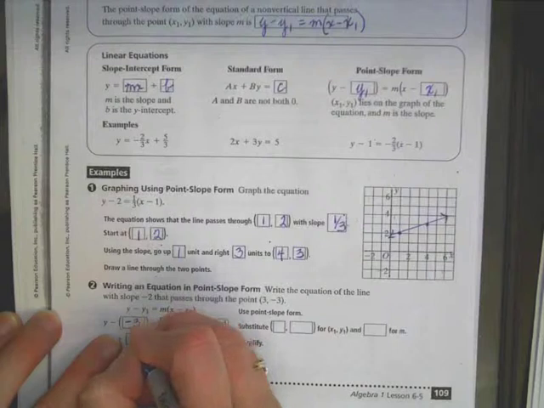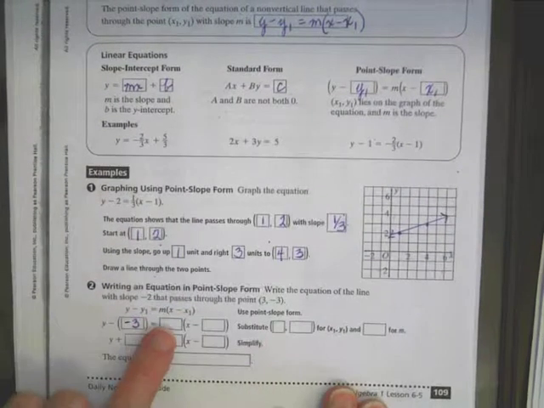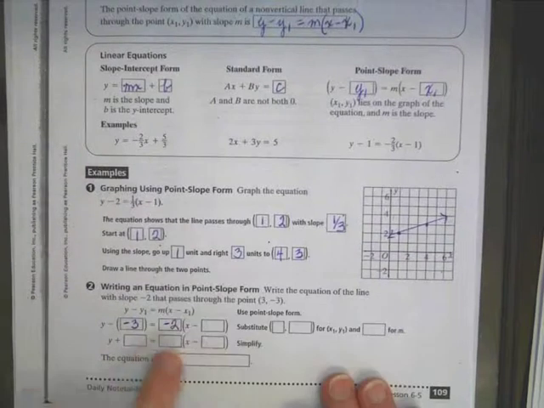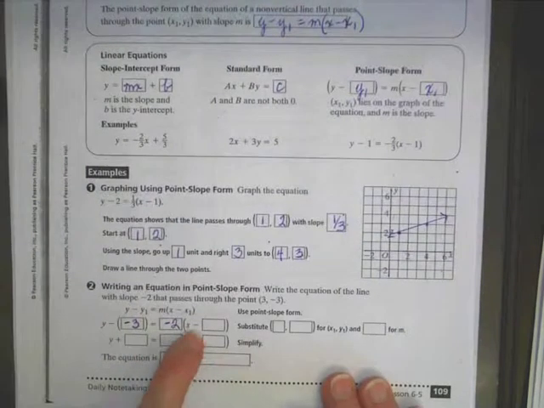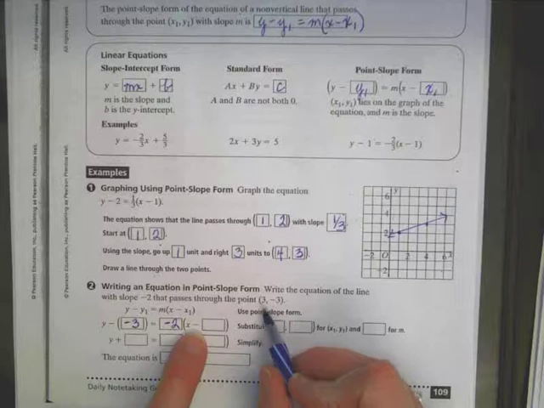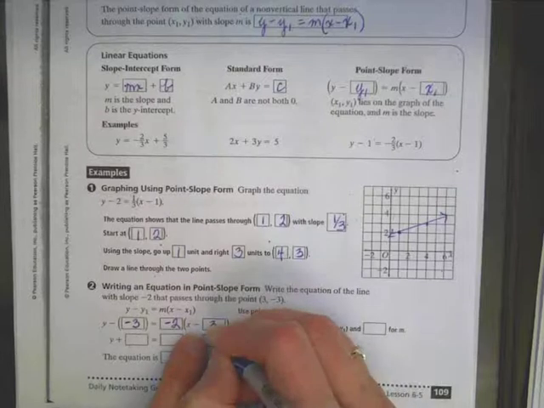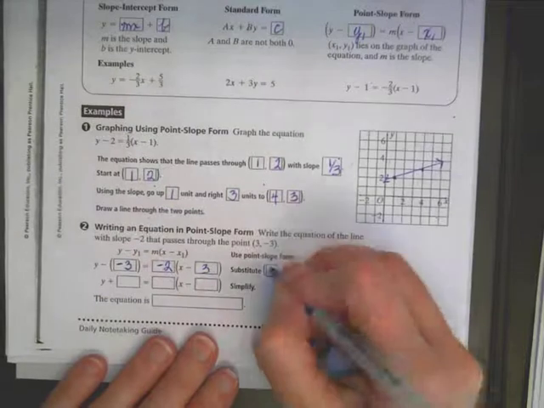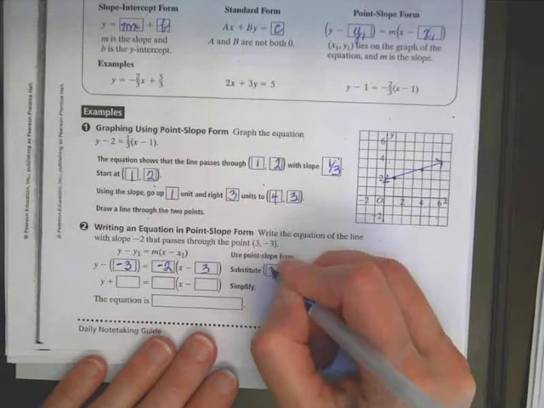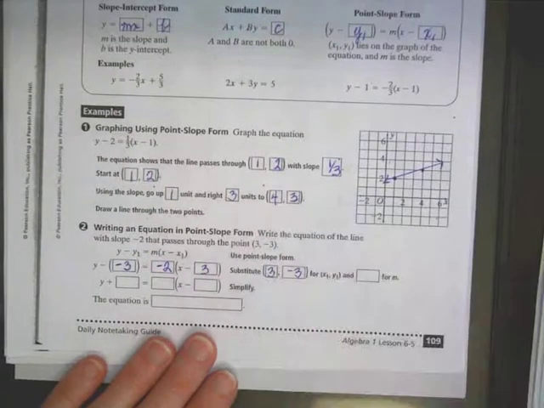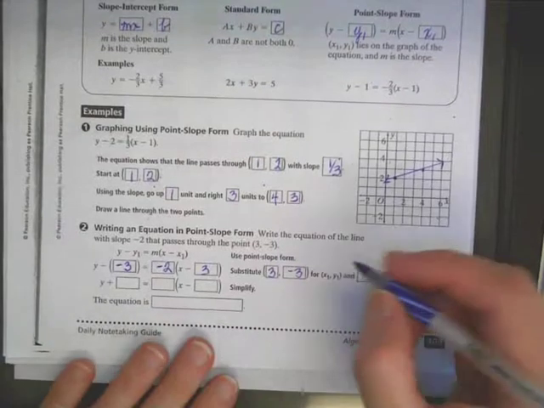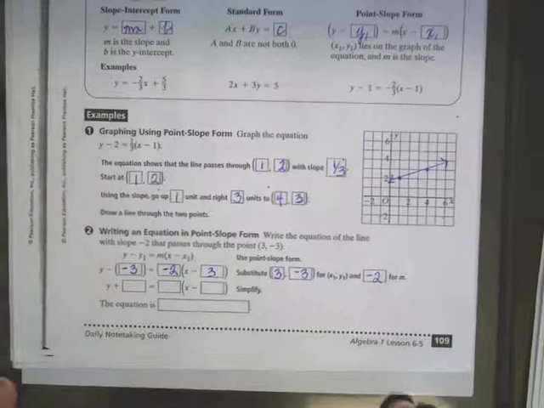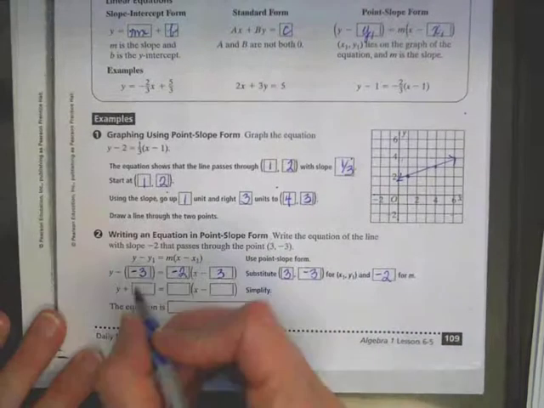So this is going to be y minus negative 3 equals the slope of negative 2 times the quantity x minus x sub 1, and x sub 1 is going to be 3. So basically we substituted 3 for x sub 1, negative 3 for y sub 1, and negative 2 for the slope. That's all that's asking me right there.